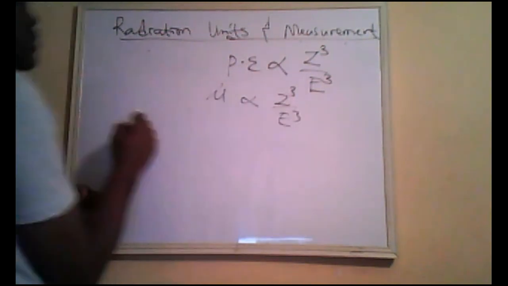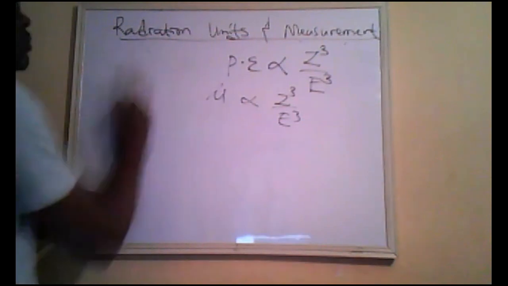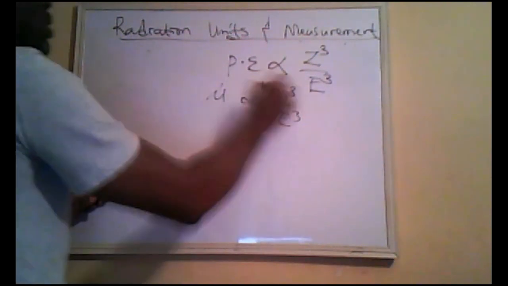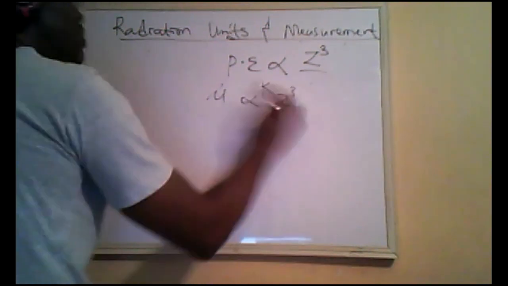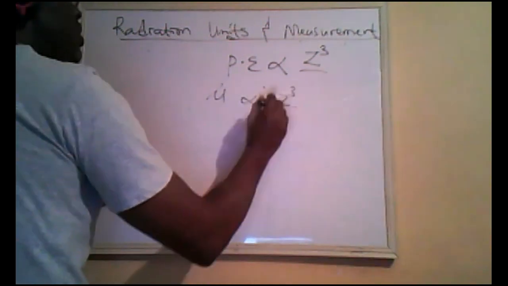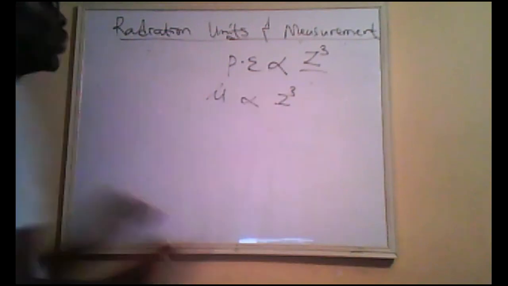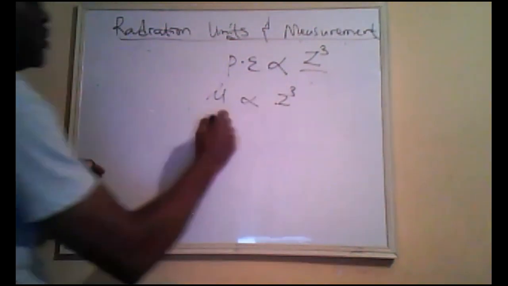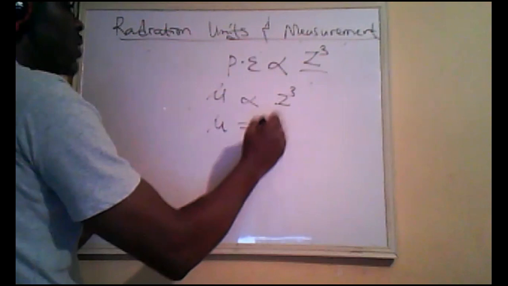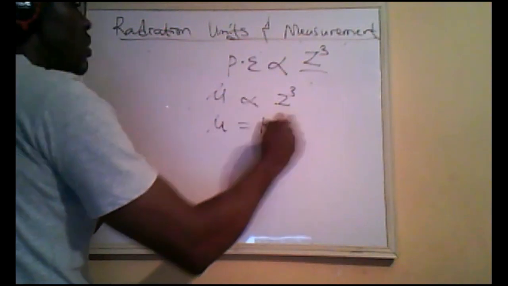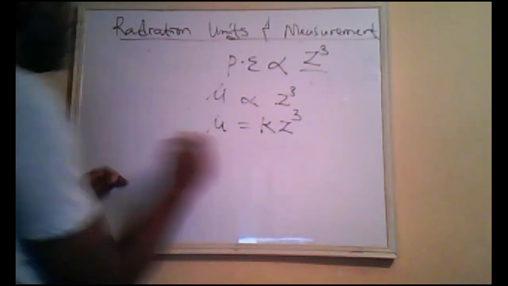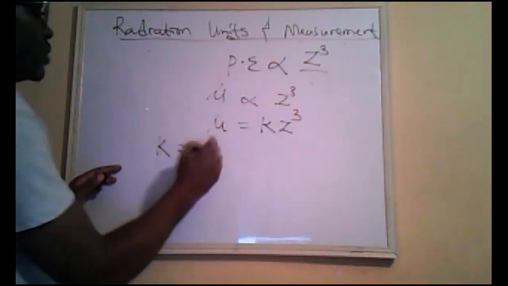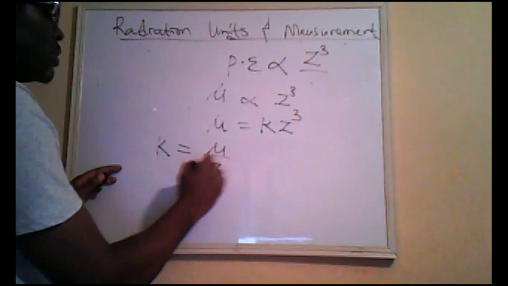We now introduce a constant. We are not looking at energy now, we are looking at the Z component only. So it is important to introduce a constant here to do away with this. So we have K now.